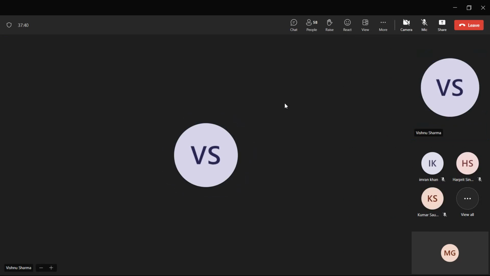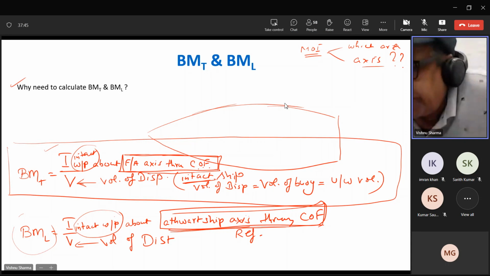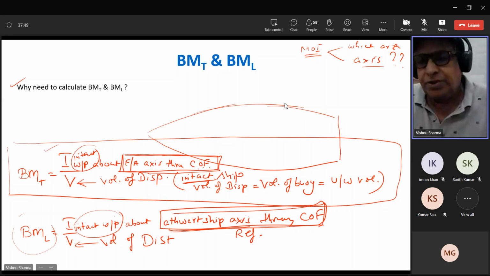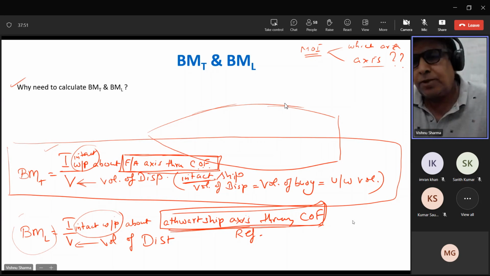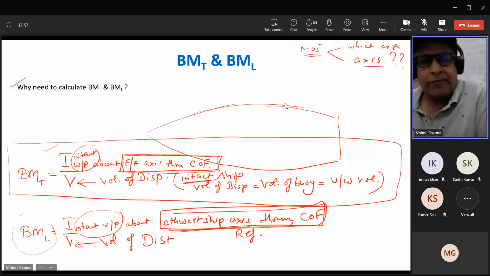Now, please take down these two formulae. Always remind yourself which area, which axis, what is the shape of the area, where will be the geometric center. We'll draw the axis and start solving the questions.